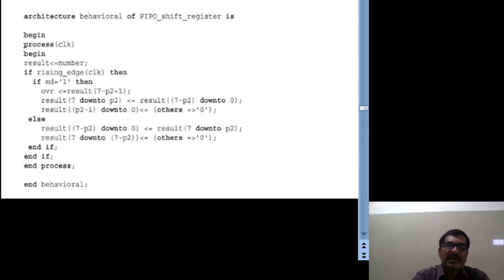Multiplication can be done as 8-bit number into 4, and similarly division can be done as 8-bit number divided by 4. Whatever P2 value we have taken is considered as a power of 2. Since here P2 is 2, power of 2 means 2 square. So that is the multiplication and division. Thank you.